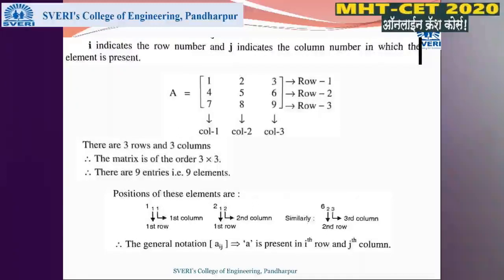This 1 is in the first row and first column, so it will be at the A11 position. Then 2 at A12, 3 at A13, and the last row having C1, C2, C3. So the general notation Aij implies the element is present in the ith row and jth column.